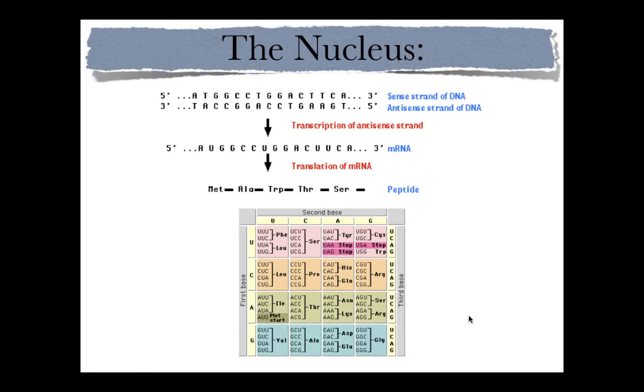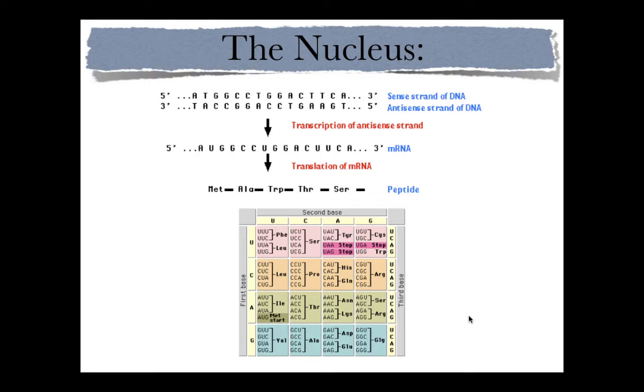In other words, A binds T here, G and C pair, right? So in other words, if I go ATG here, it's TAC here. It's complementary, which means these sequences. Now, if I copy this, if I make a complementary copy of the antisense, I'm copying the sense.